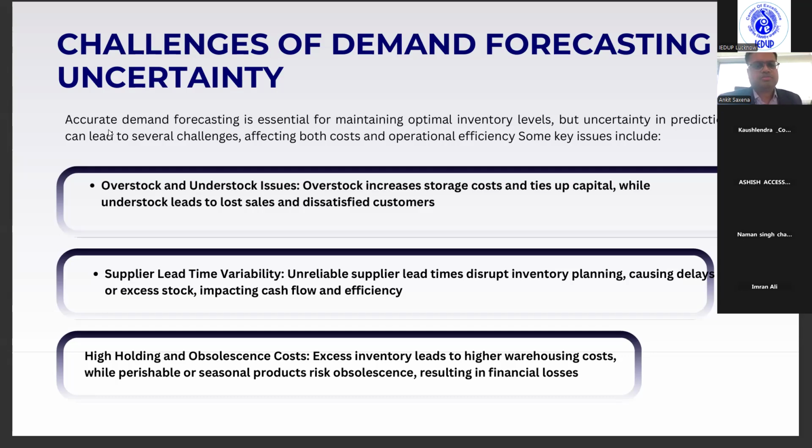Yes. So I'll come back to the presentation, looking at the challenges that we face for demand forecasting uncertainty. This is the first challenge that we want to combat by maintaining optimal inventory levels. If you are able to forecast your demand, then you will not incur any extra cost which may come up.